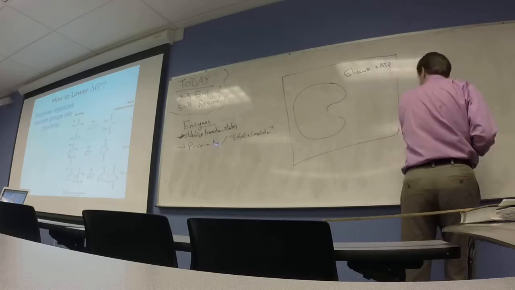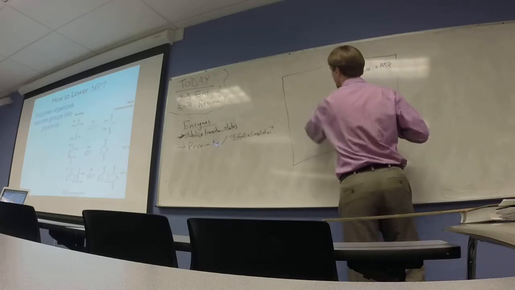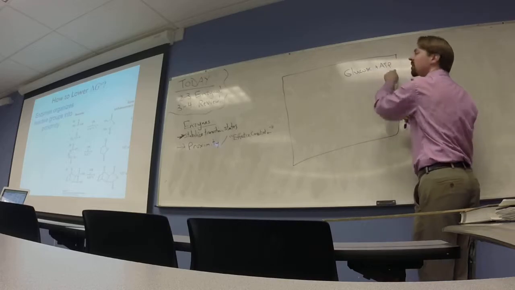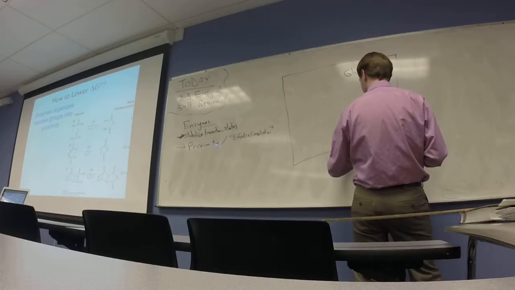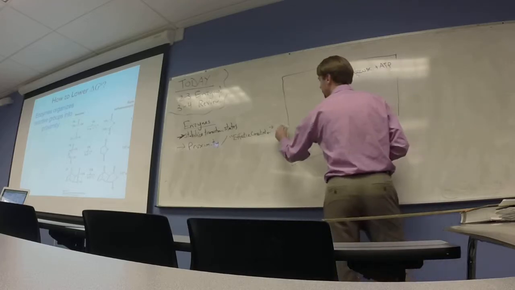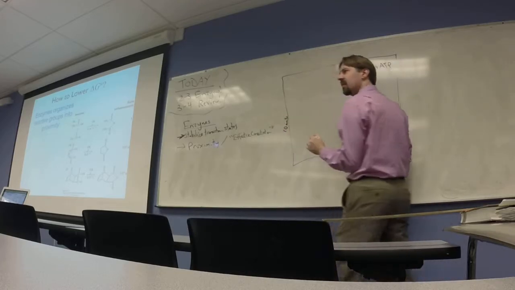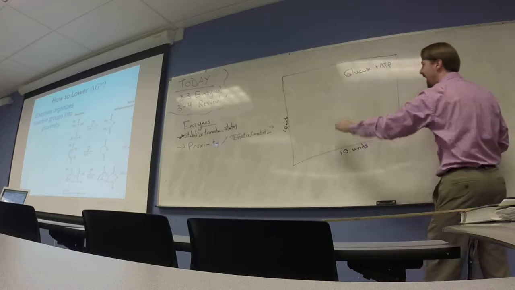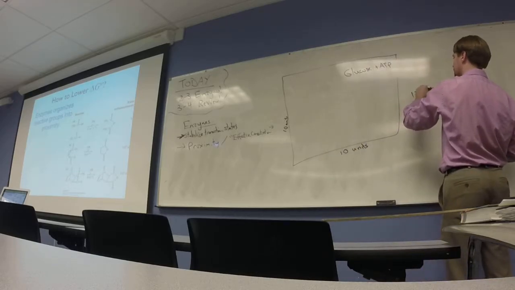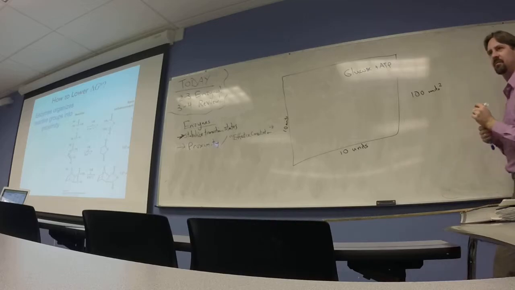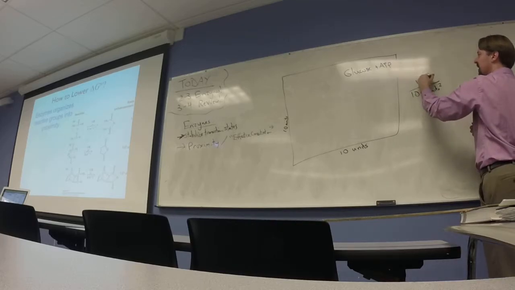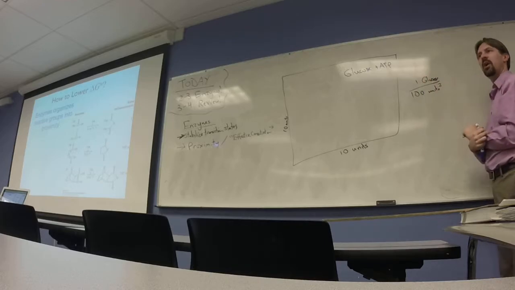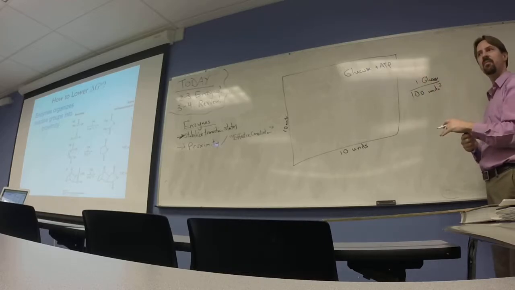If we have a box that has one glucose and one ATP, and the box is, I don't know, 10 units by 10 units, the box size is 100 units square, right? And my concentration is 1 glucose per 100 units square, low concentration.